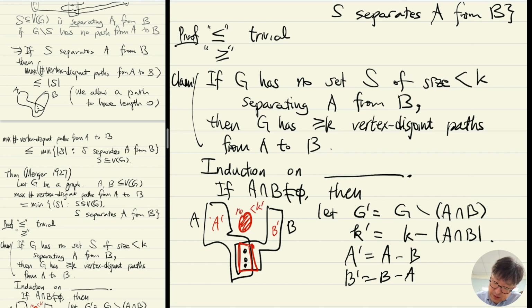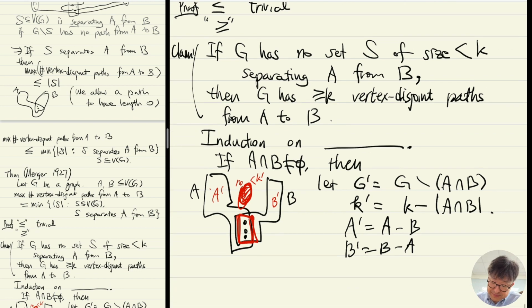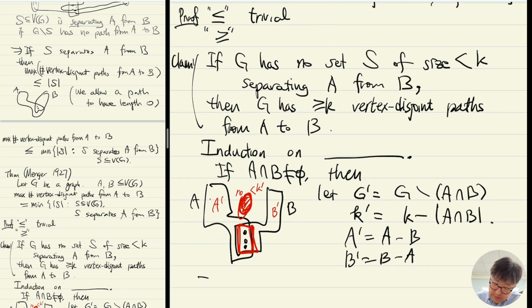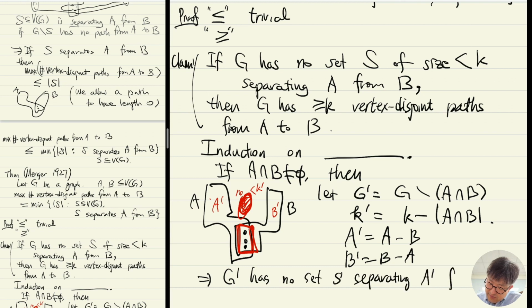There's no such thing, because otherwise this together with the intersection would leave no path from A to B. So G prime has no set S prime separating A prime from B prime of size less than K prime.